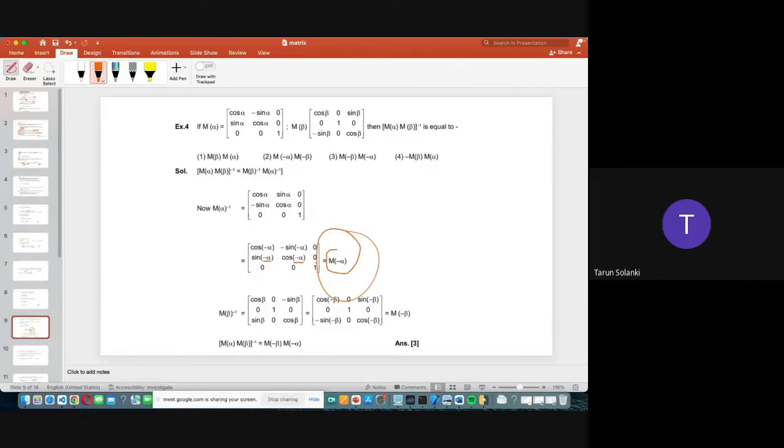Similarly, you'll find M beta inverse, which becomes cos minus beta, 0, sine minus beta, 0, 1, 0, minus sine minus beta, 0, cos minus beta, which is M of minus beta. So here you can write it as M alpha M beta whole inverse, so M of minus beta minus alpha. So option third is the correct answer. Just solve all the questions by properties only.